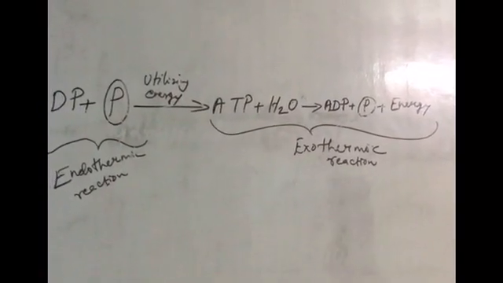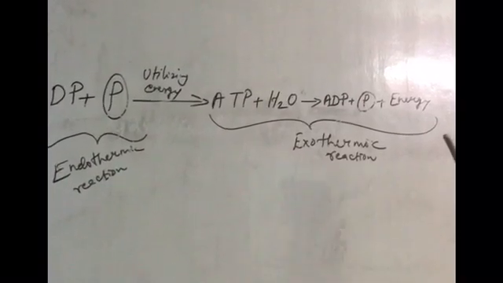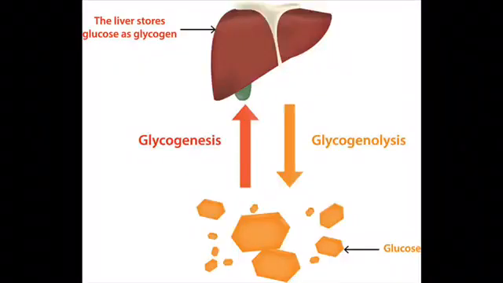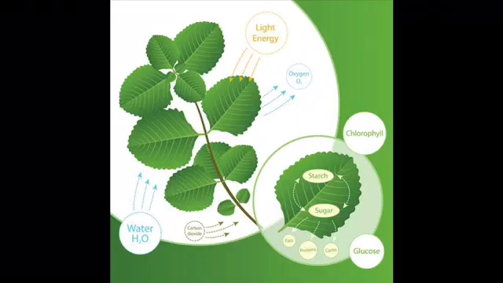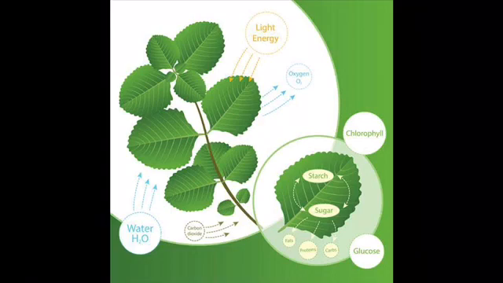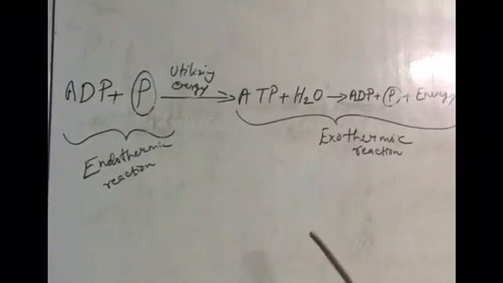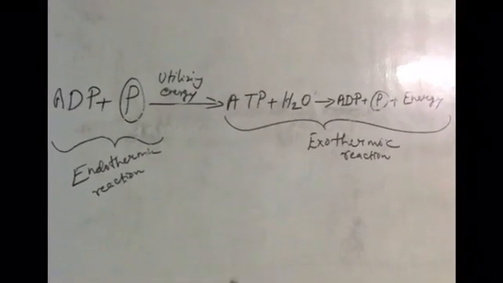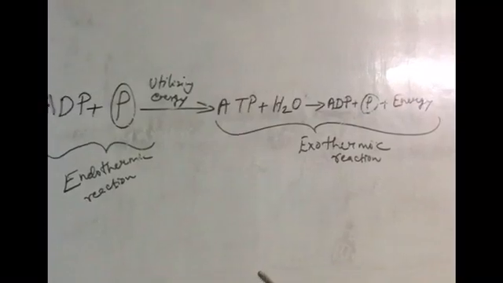That's the job of glycogen and fat. You have already learned that excess sugar molecules are stored in the animal body by the liver in the form of glycogen, whereas in plants, glucose after utilization is stored in the form of starch. So don't confuse, ATP is not a storage molecule.